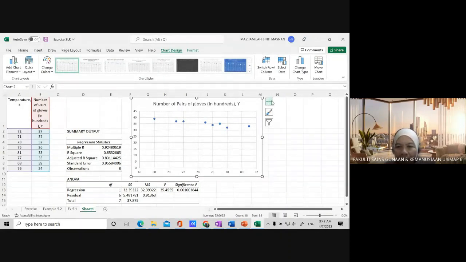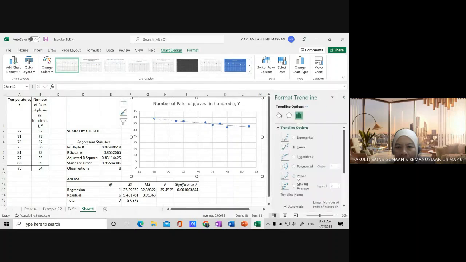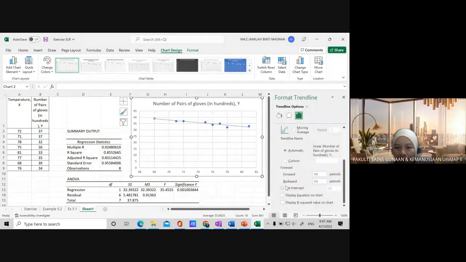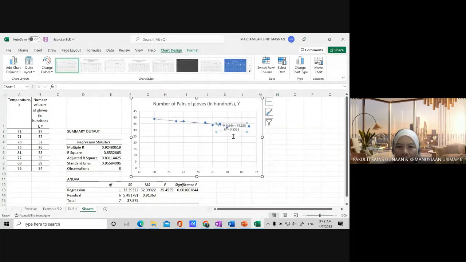But in this case, let's say I just want to include the trend line, and then I would like to have the equation included. Include R, include equation. So I've got my equation, and then you can adjust. Just for the purpose of our discussion, quickly.